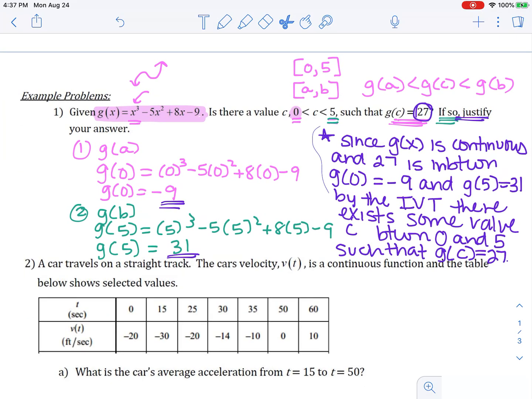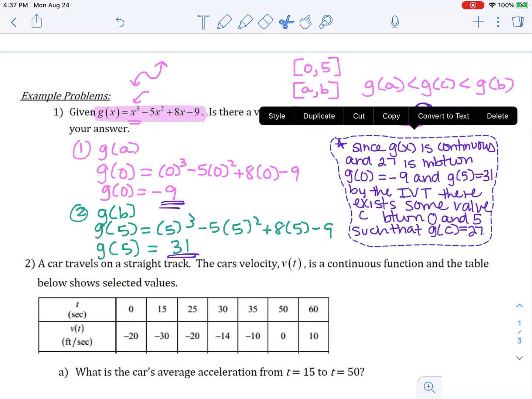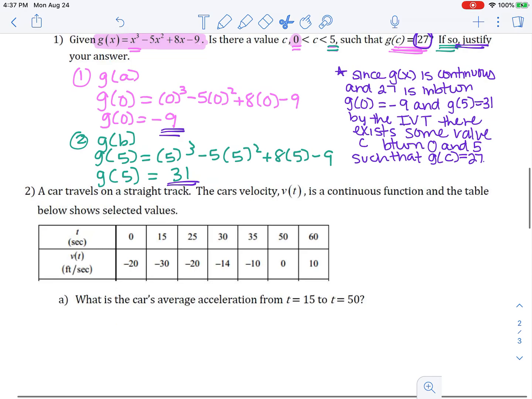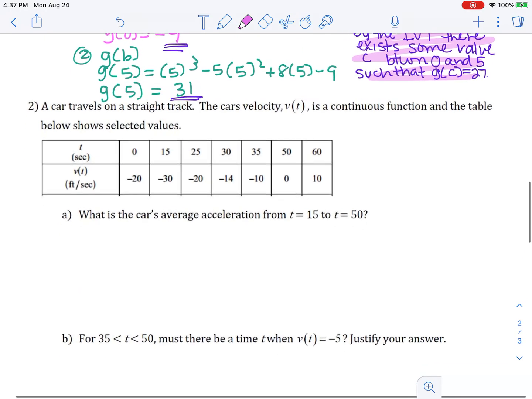That is the justification. I know that that is a lot. That is what you need to have memorized. Make a note card. That is exactly how you need to have that written. All right, star it, mark it, know it. Very, very important.